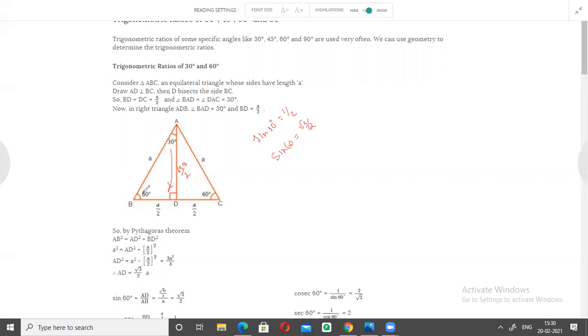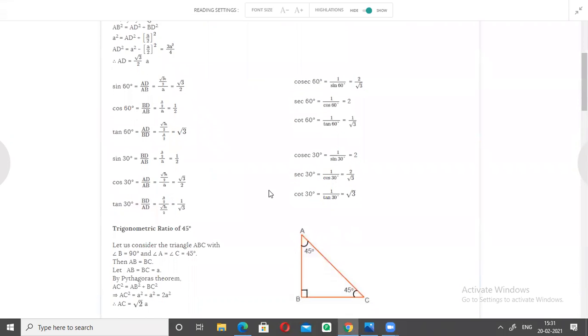So tan 60 will be sine 60 divided by cos 60, and tan 30 will be equal to sine 30 degree divided by cos 30 degree. So using this equilateral triangle, we will be able to write the trigonometric ratios for the angles 30 degree and 60 degree. Now, for 45 degree, we can use another triangle.